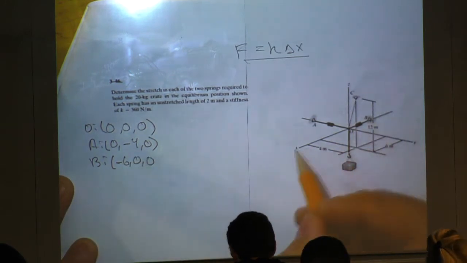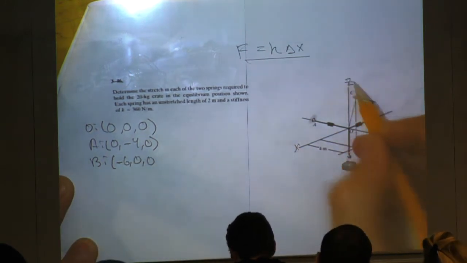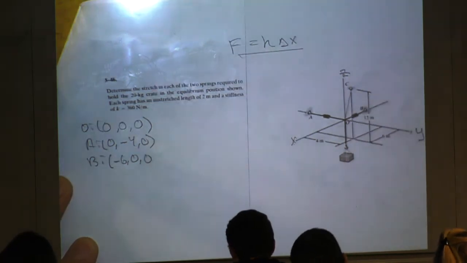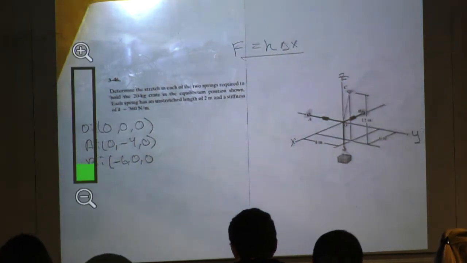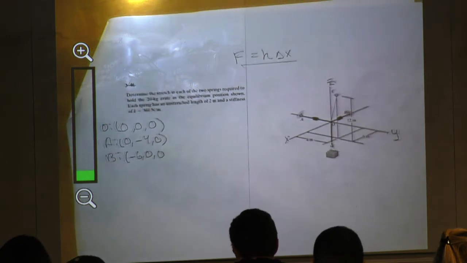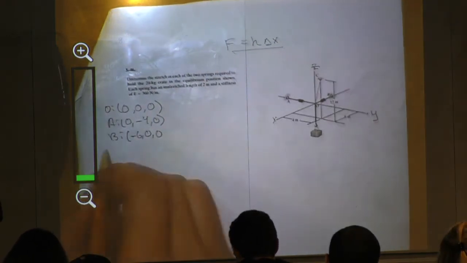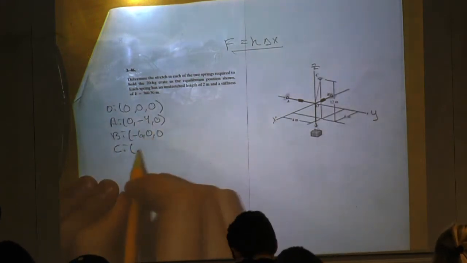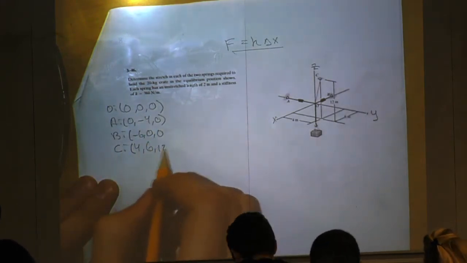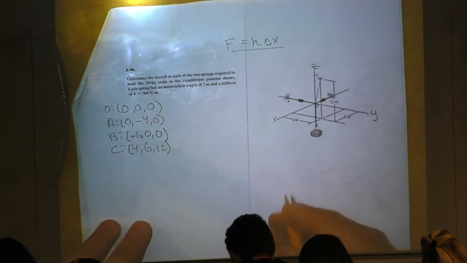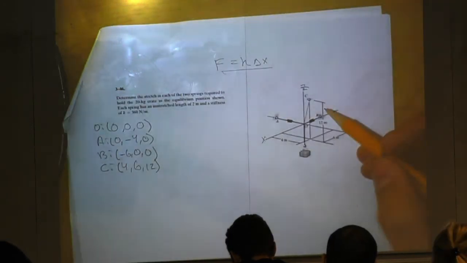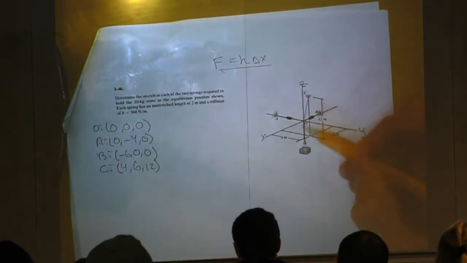So the x-axis. And then here, I'll zoom it out once we've talked about the problem, that way all my work sort of fits. All right. And C, 4, 6, 12.